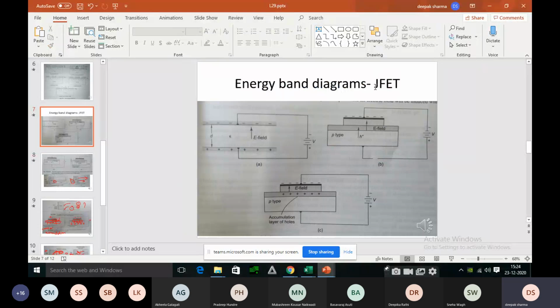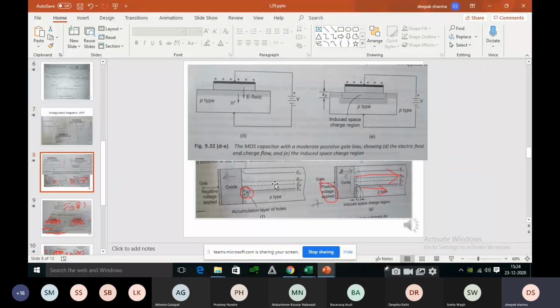So here, energy band diagrams of JFET. Here what we are doing, we are just considering the conduction band, valence band, and Fermi energy level, right? So how is this? Applying positive towards the gate, correct? So positive towards the gate means the electric field will be from positive to negative, right?